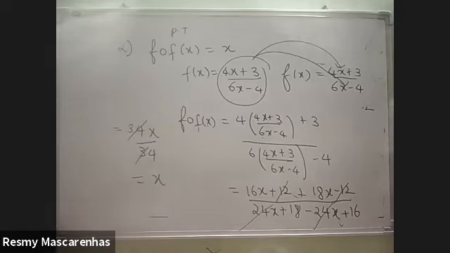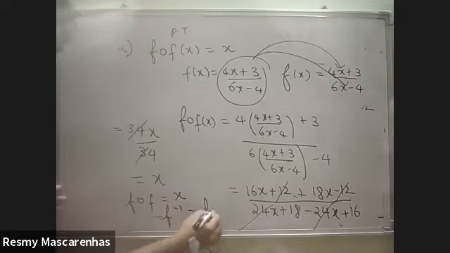Okay, one more question they have asked. What is the inverse of f? Okay, so in this case, whenever you get the same function, now f of f is equal to x itself. So f inverse will be your same f only.